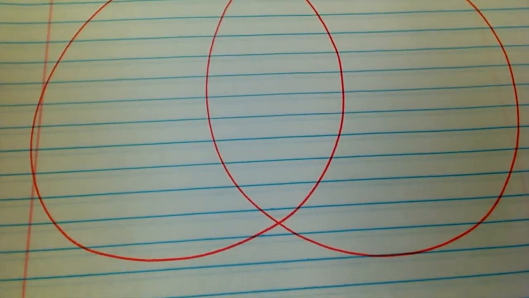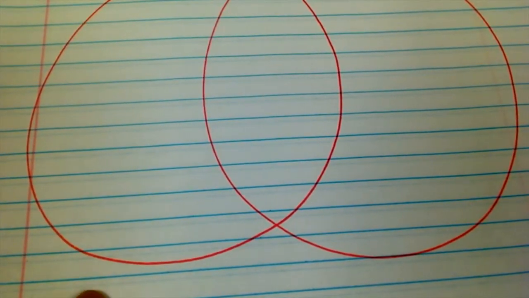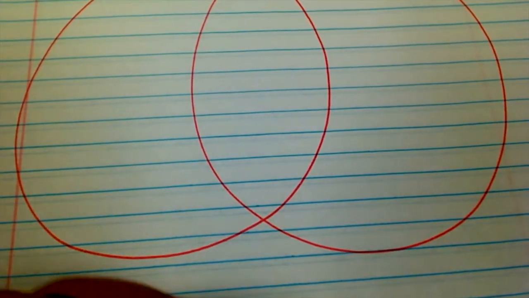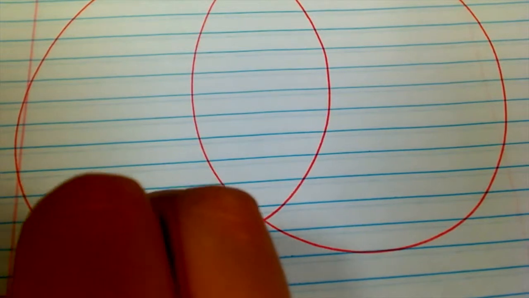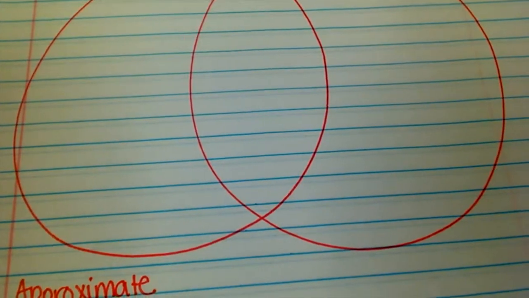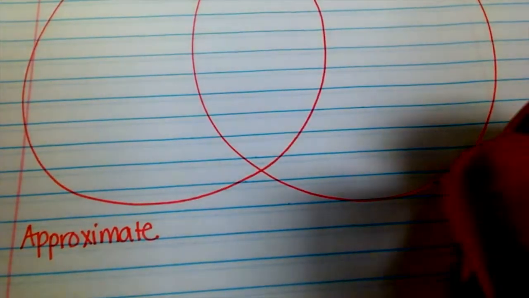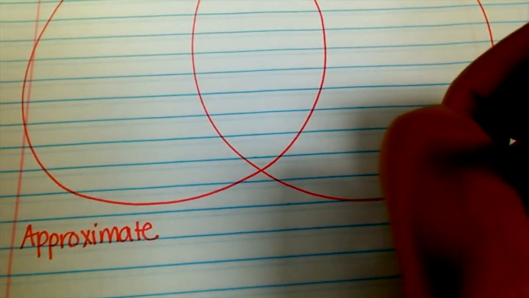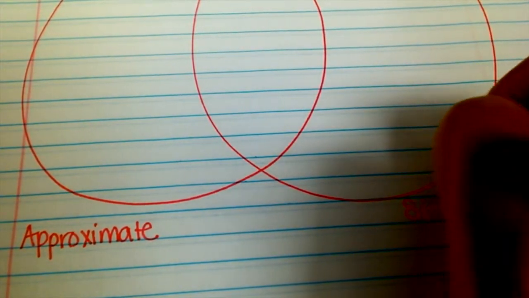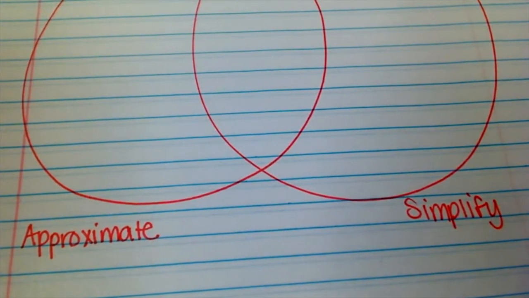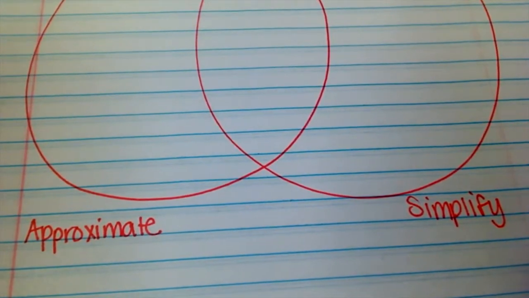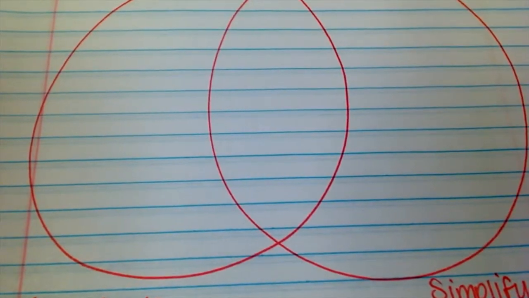The first circle is going to represent what I mean when I ask for you to approximate. And the second circle is going to be describing simplify. So here's the definition for approximate.